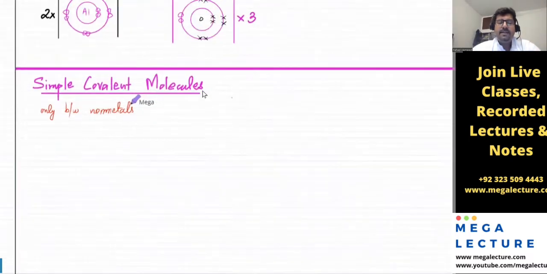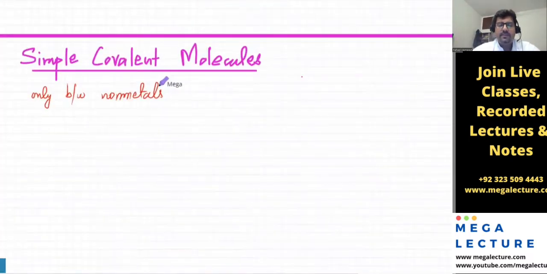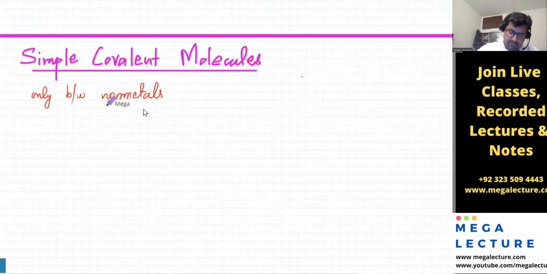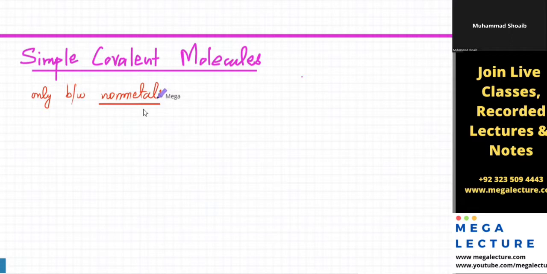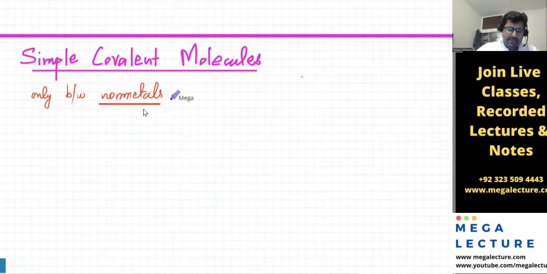But what do non-metals like to do? Do they like to gain electrons, lose electrons? What do they want to do? Gain electrons. Okay, so if we talk about ions, they always like to gain electrons, right?